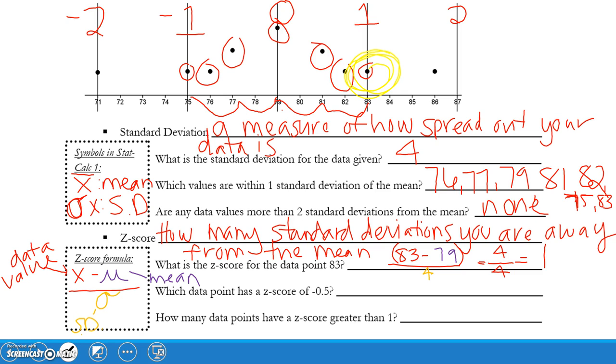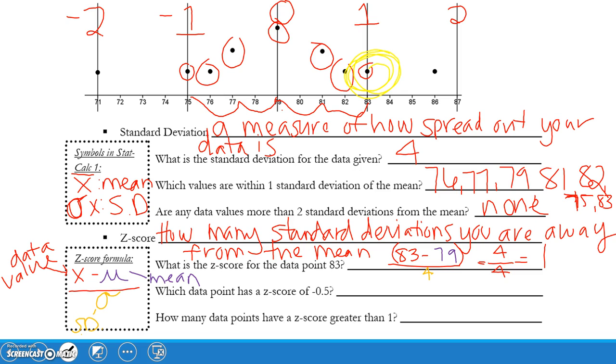So if I say someone's height has a z-score of 3, we know that they are freakishly tall because they are 3 standard deviations above the mean. If I say that someone's height is a z-score of -3, we know that they are extremely short because they are 3 to the left of the mean.